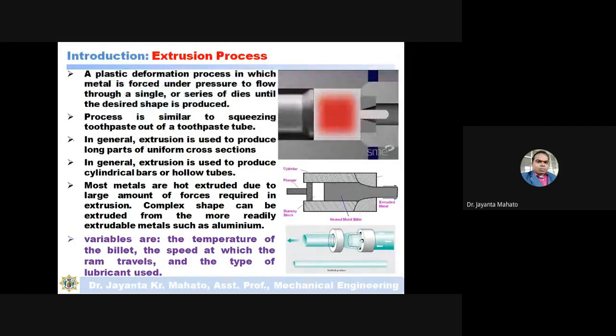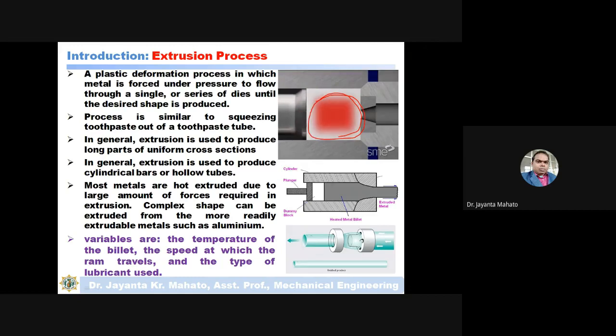So, introduction. The extrusion process is nothing but a plastic deformation process. In this plastic deformation, what happens? This is the billet material, or raw material.